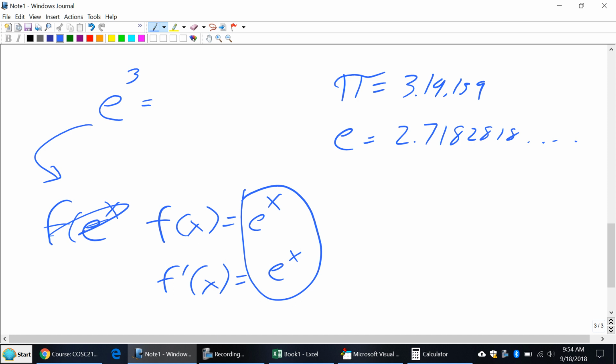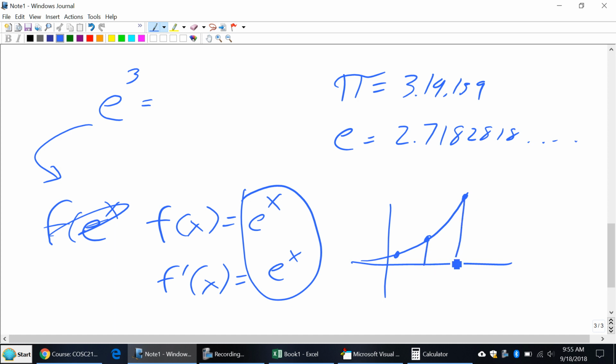Essentially, if you were to plot e to the x, it looks something like this. And if you were to ask what is the slope at any given point, the slope, how steep it is at that point, is the same value as the height above the ground.